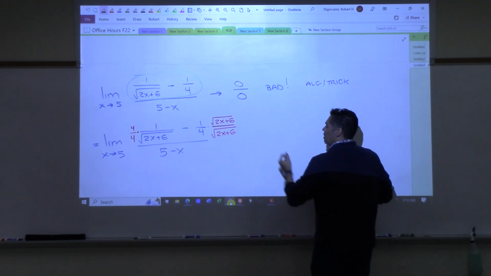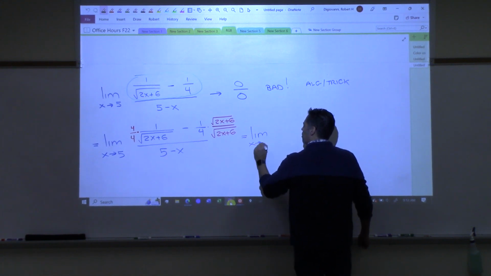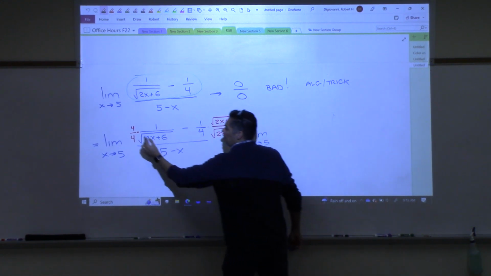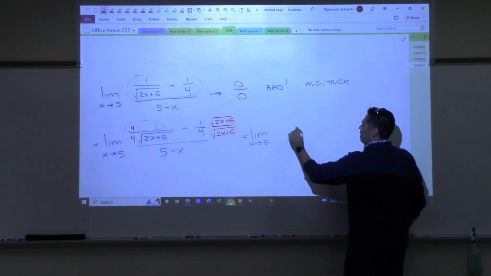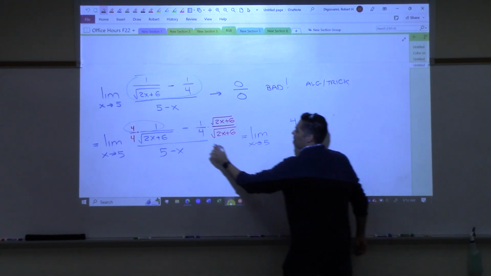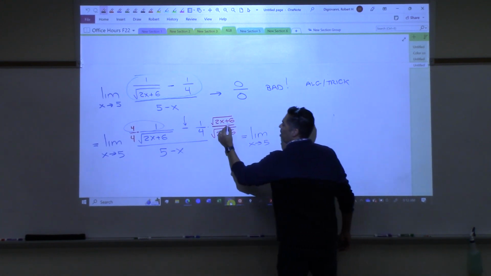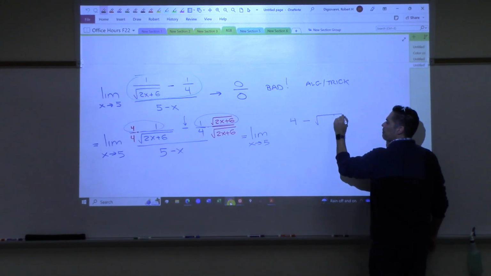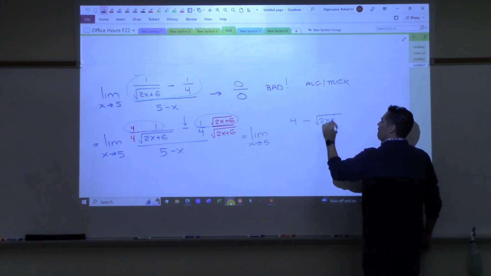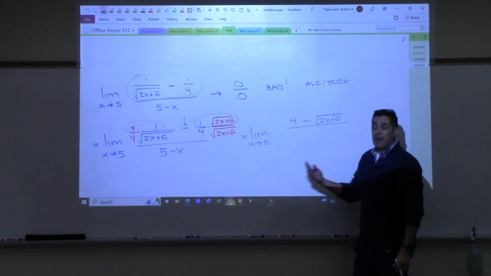So now this becomes limit x approaches 5. What I'm going to do here now is multiply 4 times 1, and that's just 4. And put that here. Because this is a minus sign, I'm going to put minus, and I'm going to multiply these two together. 1 times that root is just that root. And then all of that is over the common denominator, right?